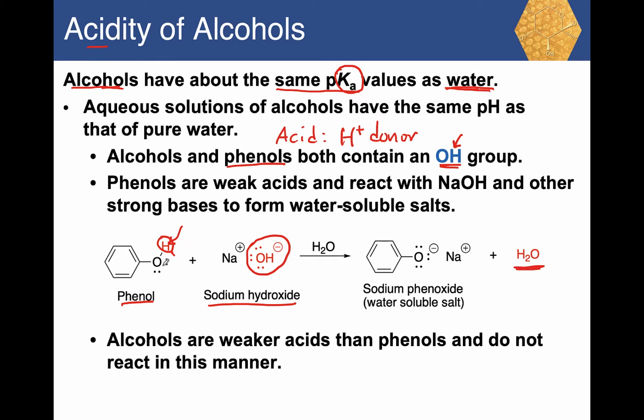And what's left behind is a water-soluble salt, sodium phenoxide. So conclusion, alcohols are weak acids, but phenols are stronger acids and will react with a base such as sodium hydroxide or potassium hydroxide to form salt and water.